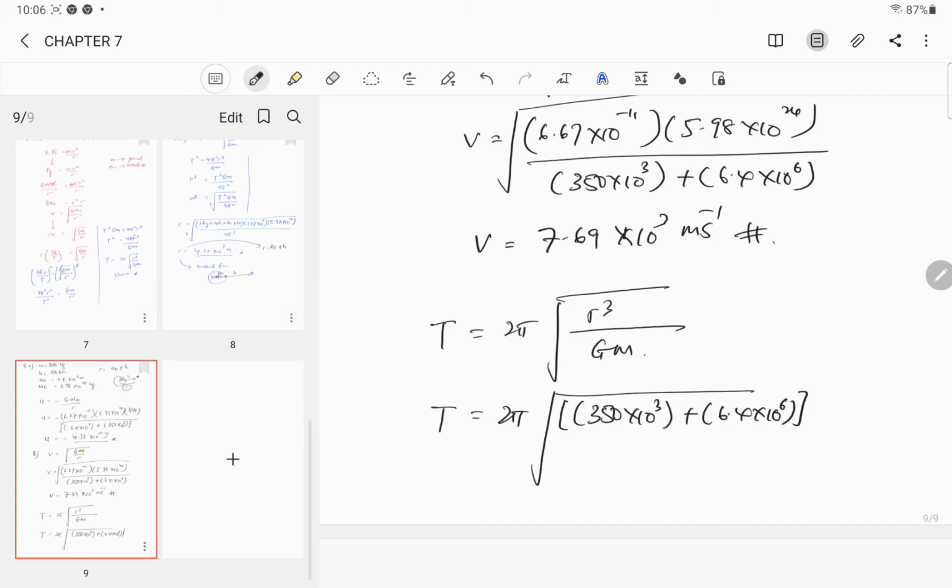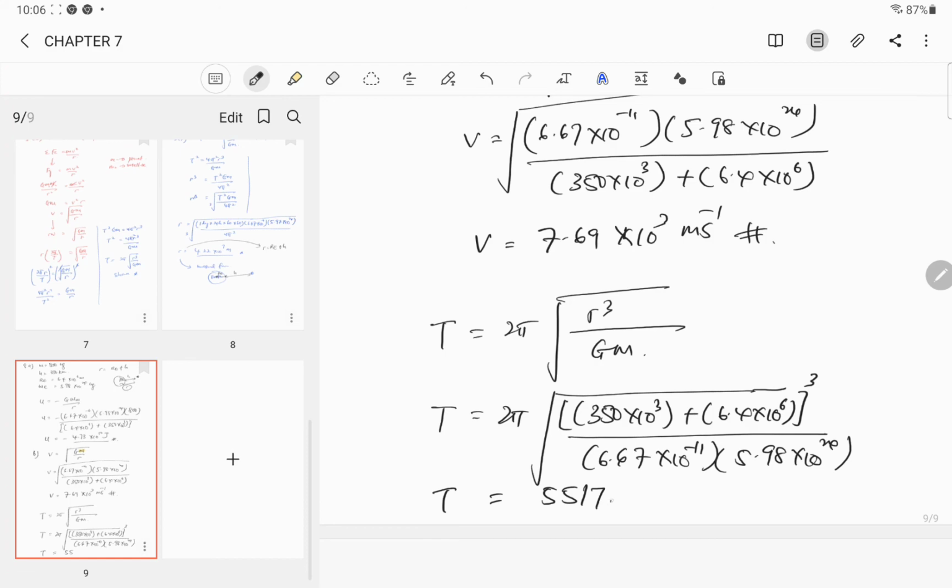Okay, don't forget to put the bracket. 6.67 times 10 power of negative 11 times 5.98 times 10 power of 24. So you will have your T, which is 5524 seconds. Okay, good luck and all the best.